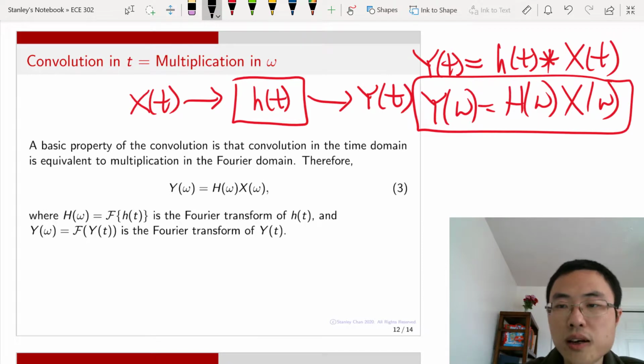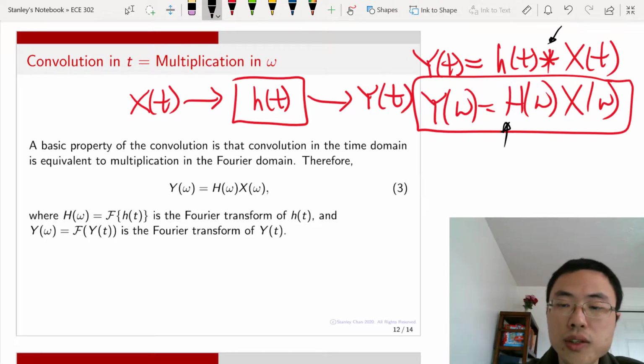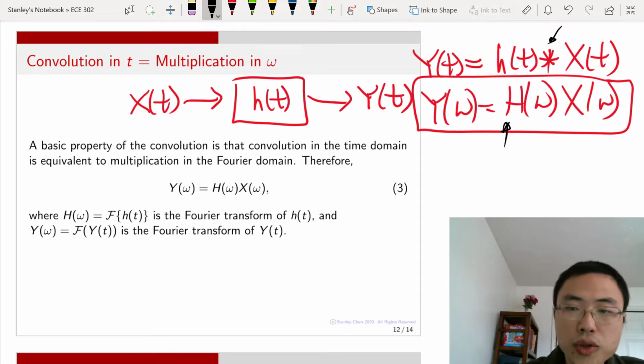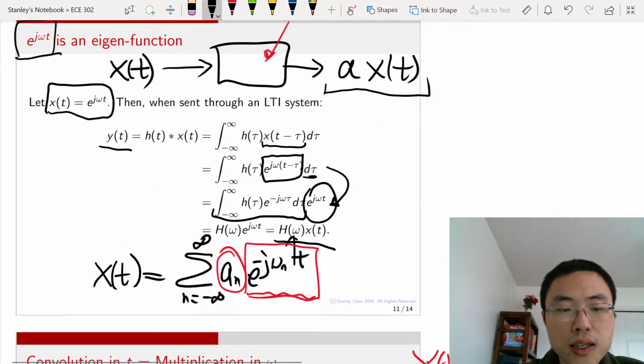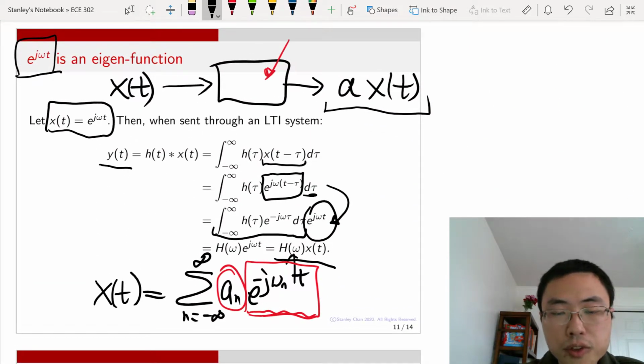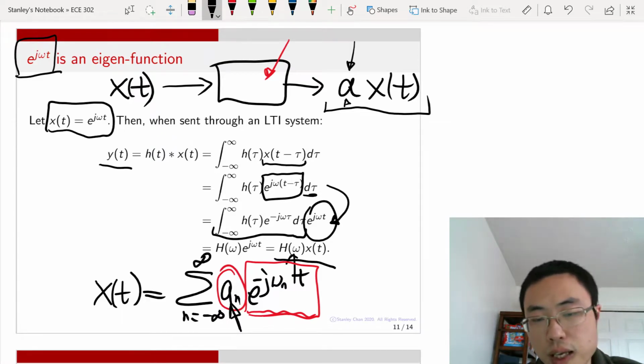Because many times doing this convolution is a nightmare. However, doing this multiplication is a very easy thing. So now you can connect the dots. What do we have? Well, the second property says that if you send in any infinite series in this Fourier series form, you will be just doing this amplification or attenuation of this constant, which is to do some operation on this coefficient a_n.